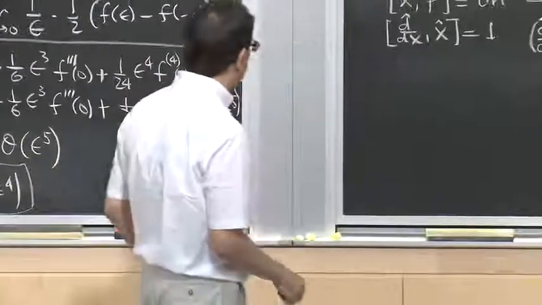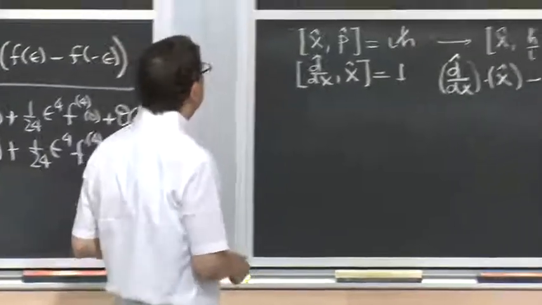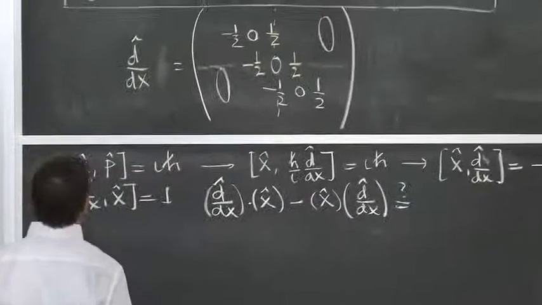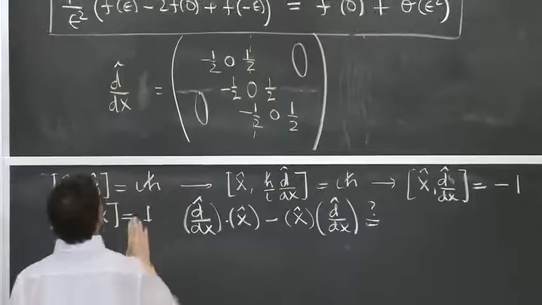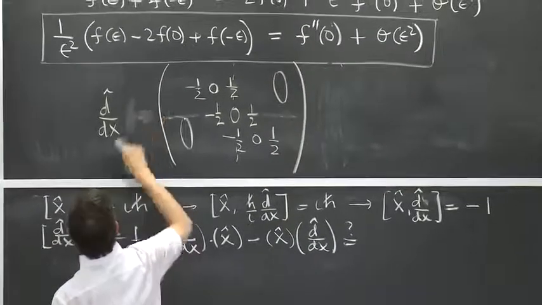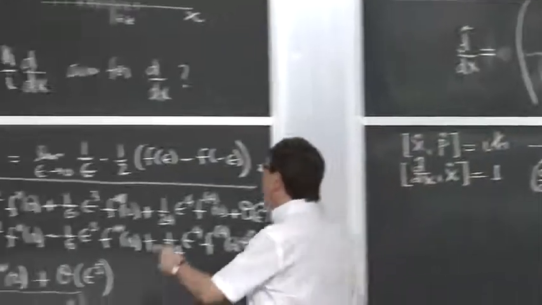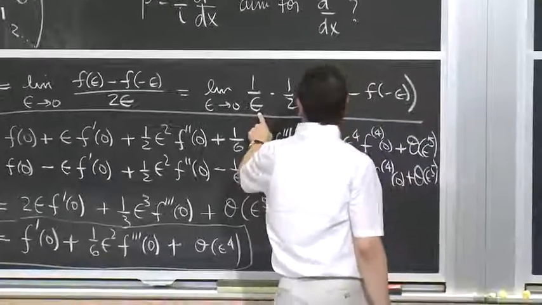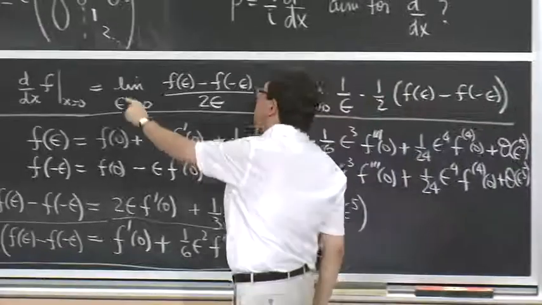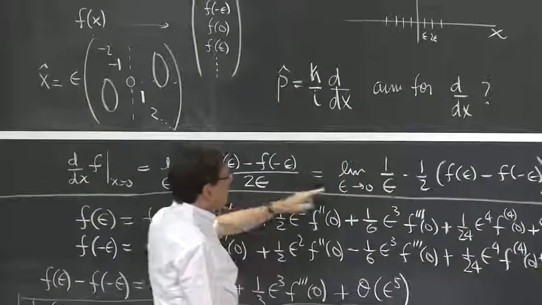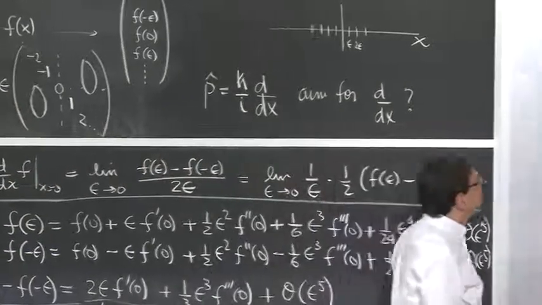Let me see, I did overlook one thing here. It is very important, and I'm going to use it to correct it here. The d/dx operator has the 1 over epsilon here, and you can't forget it. Just like the x matrix has the epsilon here. Remember, there was a 1 over epsilon there.